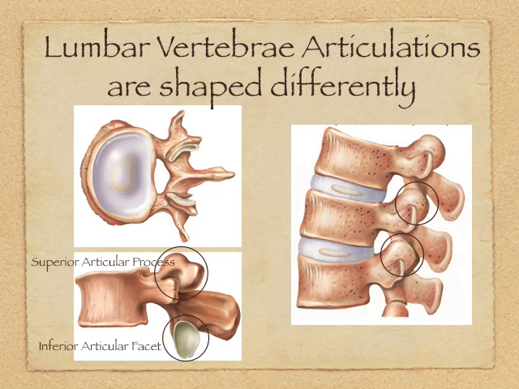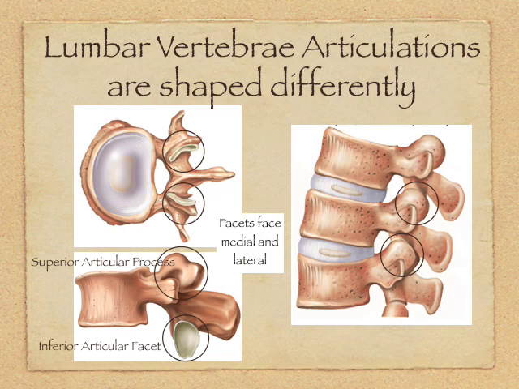Looking at the top picture here, you can see these facets right here, and notice that these do face differently. Instead of facing anterior and posterior like in the thoracic vertebra, these facets face in a medial and lateral direction.